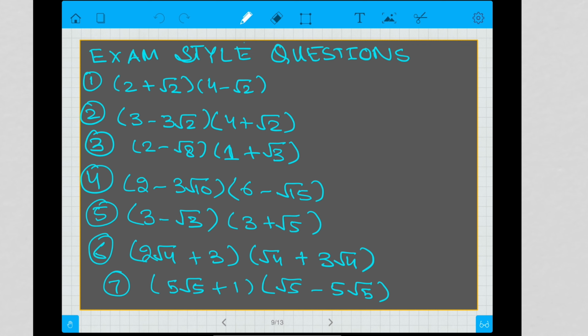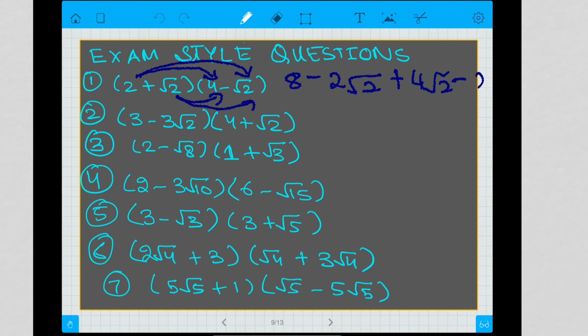So first you do 2 times 4, and then 2 times minus root 2. Write that down, please. So 2 times 4 is 8, minus 2 root 2. And then you do plus root 2 times 4, which is plus 4 root 2, and then root 2 times minus root 2, which will be minus 2.